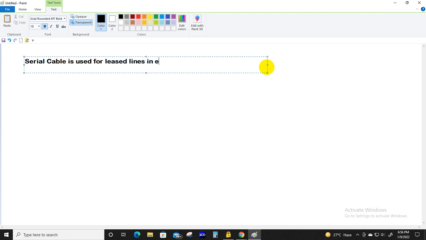In earlier days, serial cable was used for leased lines. In serial connection, the layer 2 encapsulation is either SDLC or PPP.